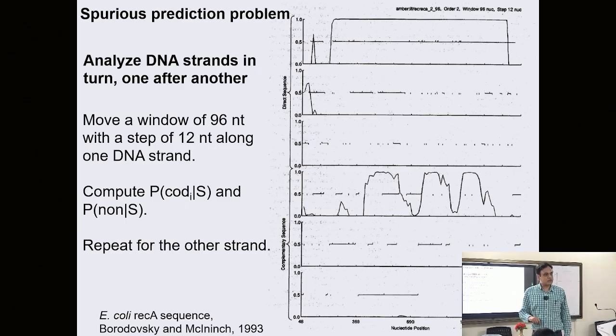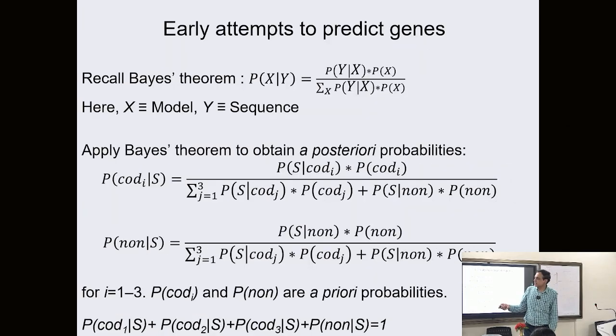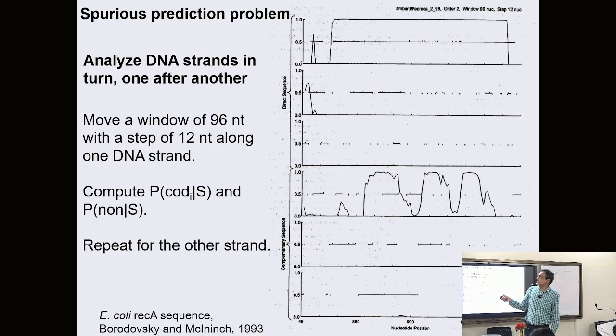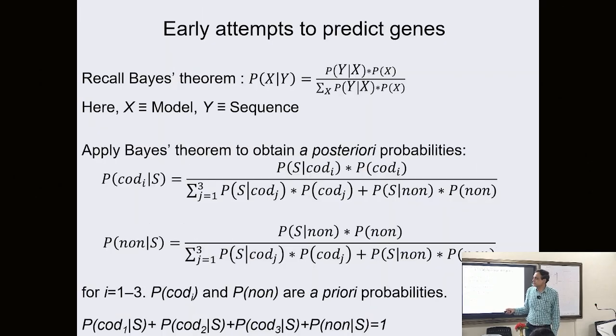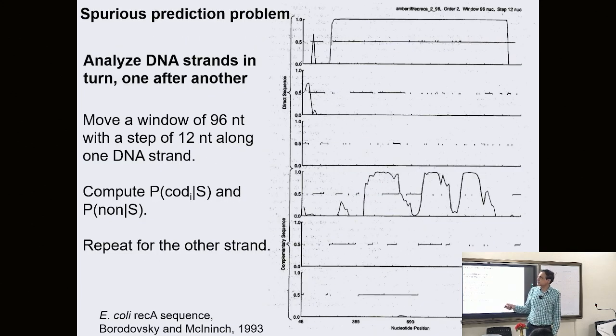But if you allow the model to see both the strands together at the same time, then it is possible that this signal will pale in comparison to this signal, because there would be 3 for this strand, and then 3 for the other strand, and then non-coding, right? So when the model has seen all, they all should sum to 1. So this gains most of the strength, because this is so strong, this will be close to 1, and this will get to 0 for that region, right?